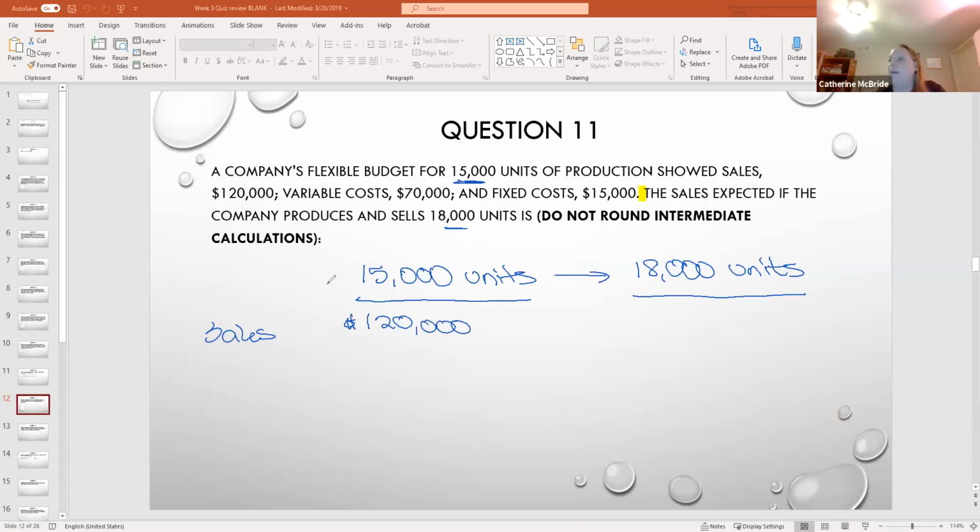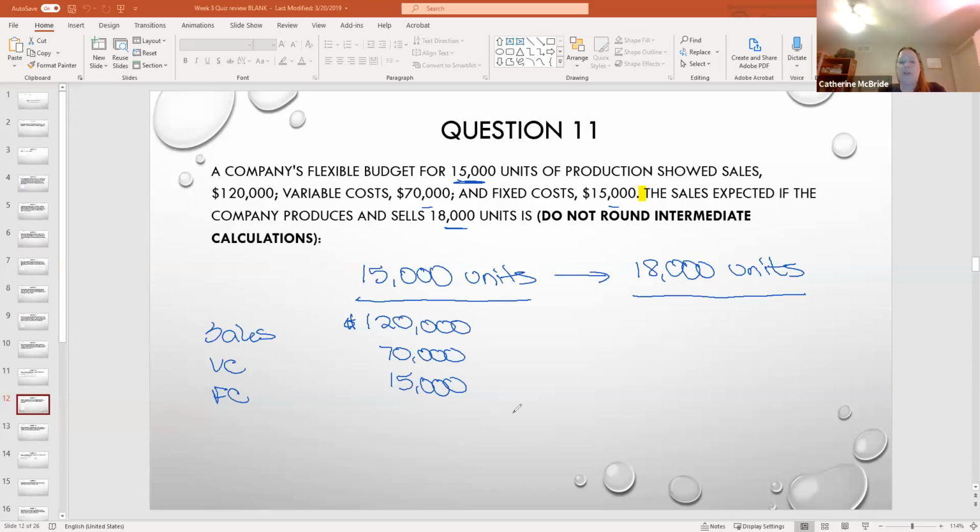Variable costs of 70,000 in our 15,000 unit budget, and fixed cost of 15,000. So if we sell 18,000 units, we want to know how to adjust all of these numbers.